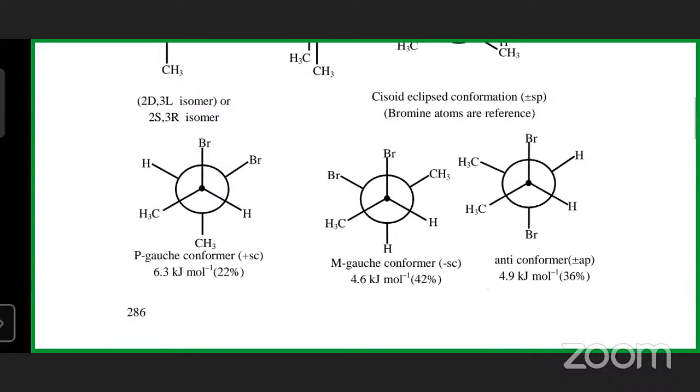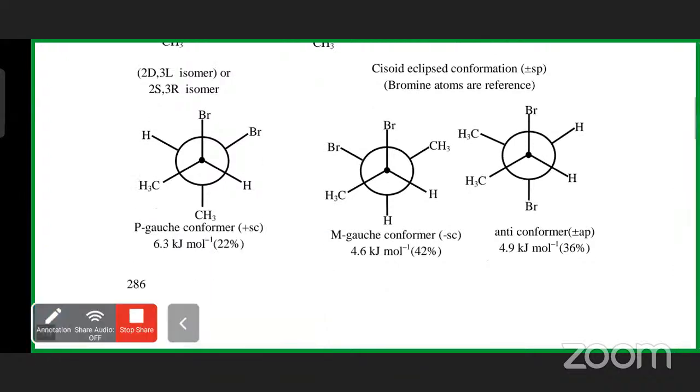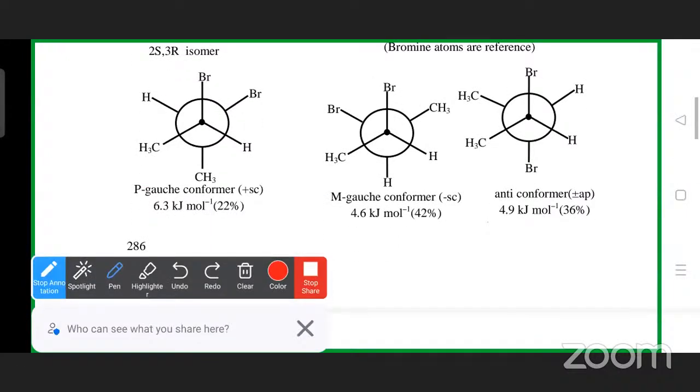Now you see, in the active conformer, the P gauche conformer. What are the destabilizing factors present in the P gauche conformer, and in the M gauche conformer?